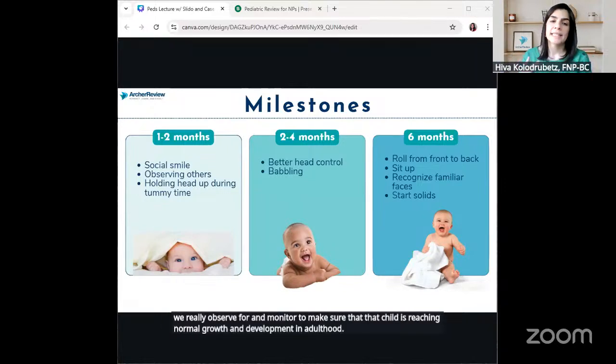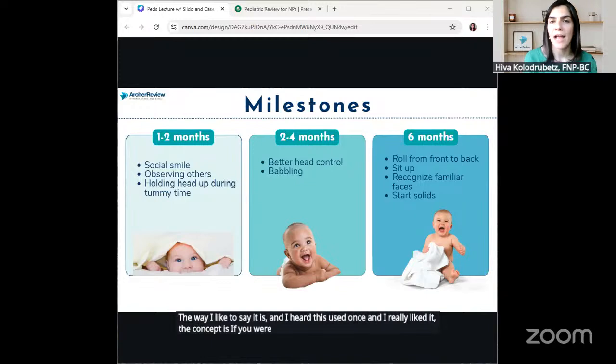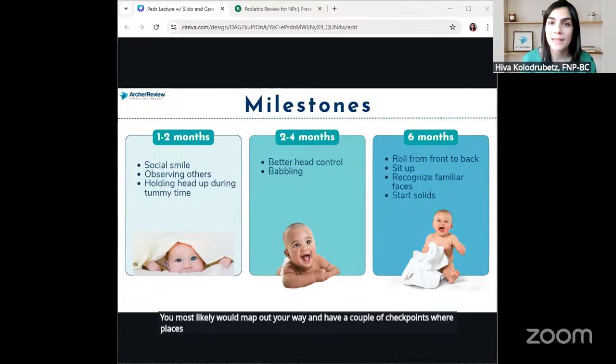The way I like to say it, and I heard this used once and I really liked it, is if you were to schedule a trip of driving across the country, say you wanted to drive from California to Massachusetts, you most likely would map out your way and have a couple of checkpoints, places you might be staying for the night and taking a break, maybe some sightseeing.